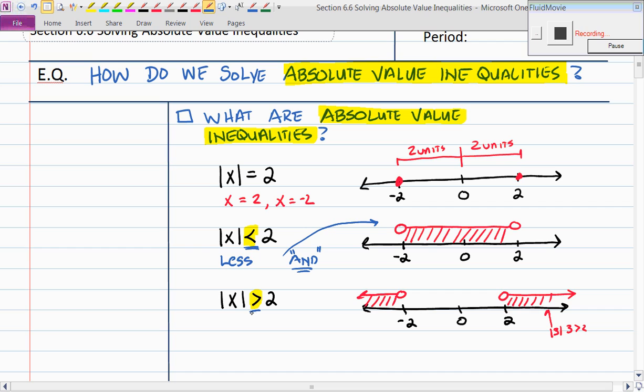And notice that this symbol is a greater than statement, and this creates an "or". Notice that we have either this one or we have this one. So less than statements create "and" line segments, and greater than statements create "or" statements on the number line. That's going to be super important in just a second. Okay, make sure you've got all that.